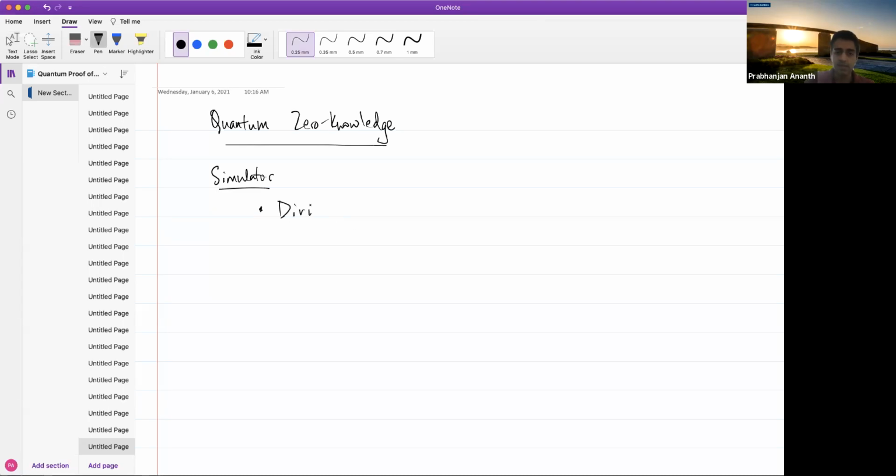Divide all the messages exchanged with Q verifiers into blocks.